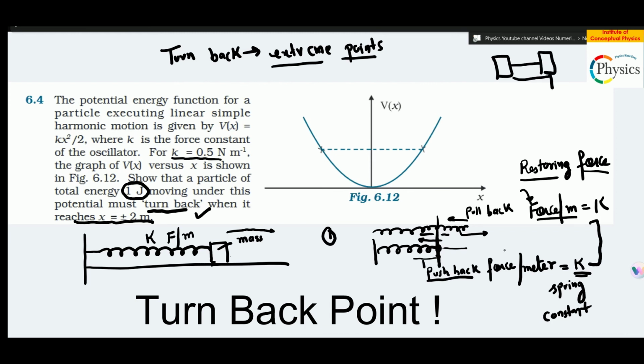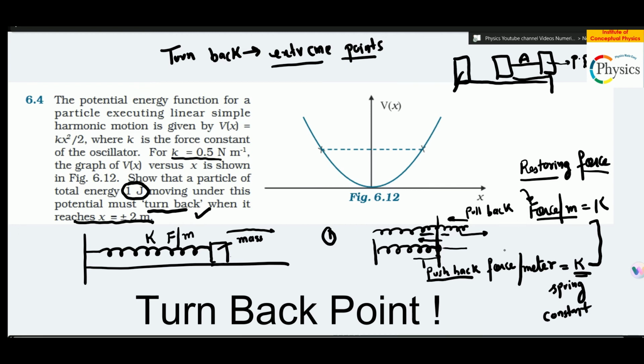This is the point of turn back. It is the extreme. The whole energy has got stored as potential energy here. Then it comes back, crosses, and reaches the other extreme. Again, a turn back urge is there. It wants to go back because the spring wants to pull it back to the original position.